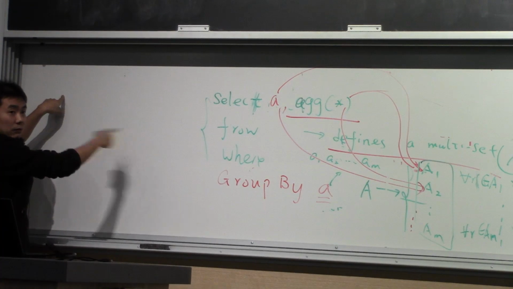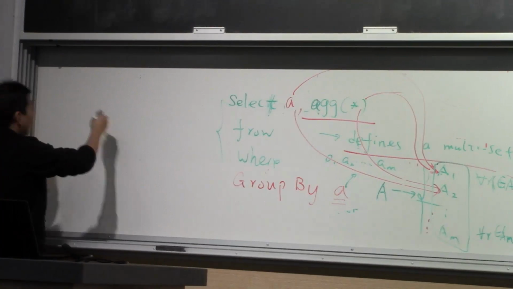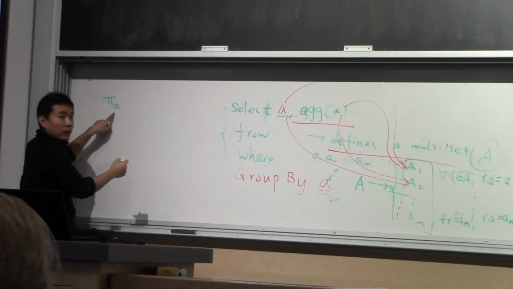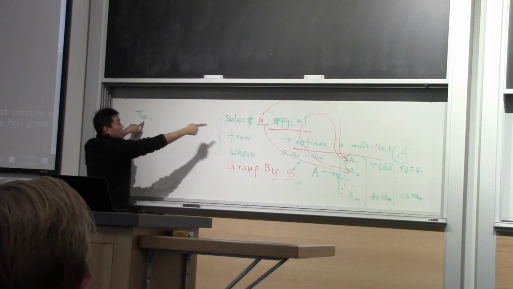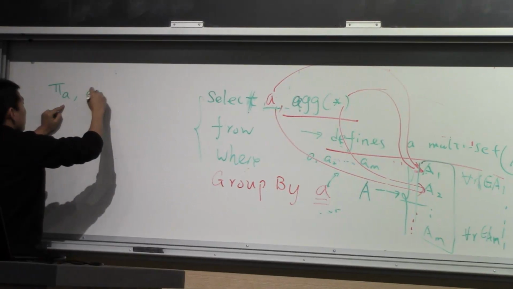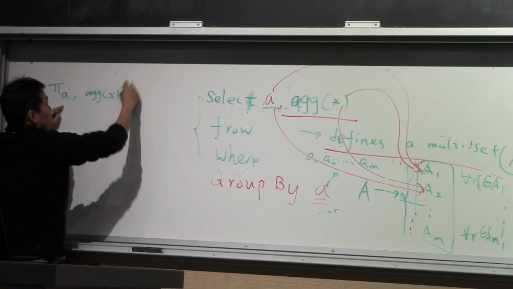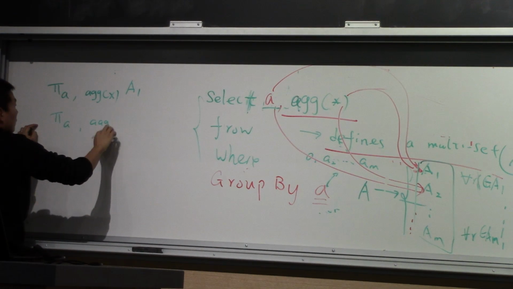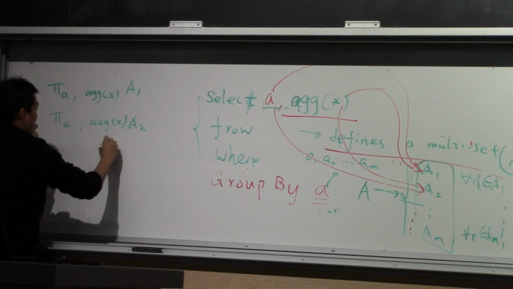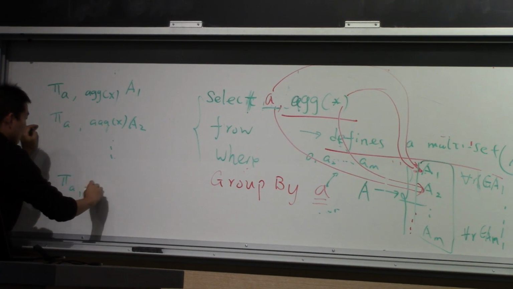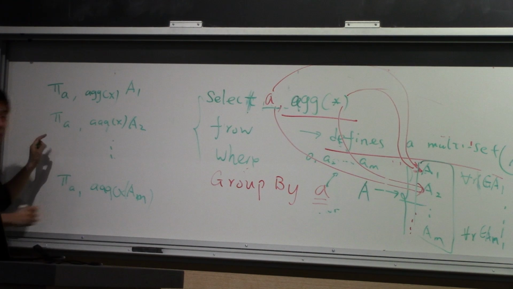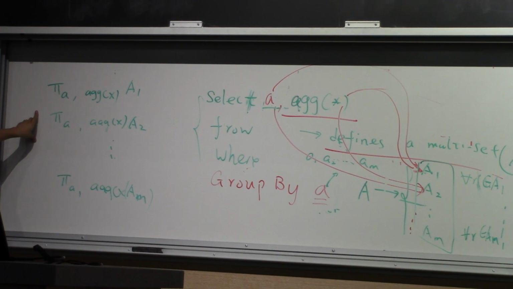What's going on is really you are projecting out, in this case, this attribute A, and an aggregation over all the records in this set A1. And I'm doing this over and over again for M groups. Does that make sense? Do all of you follow this? Okay, that's what I'm doing.